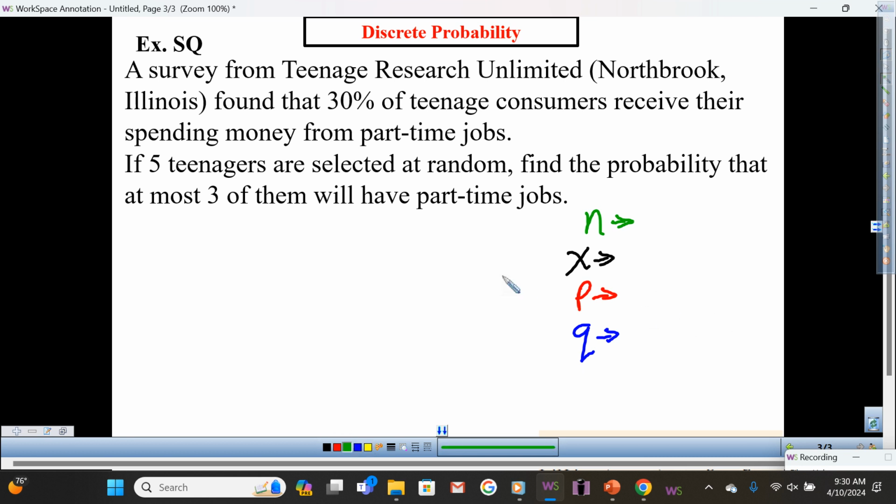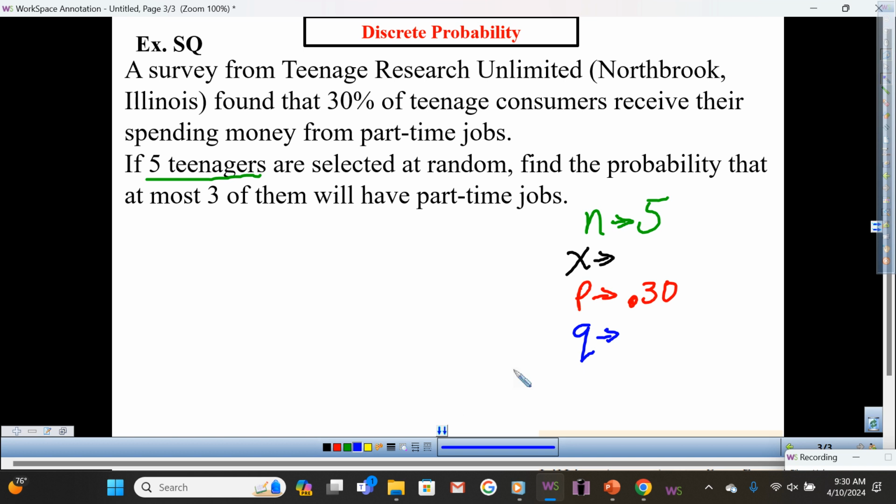All right, get us started. Peyton, N. 5, that is correct. Everybody got that? Yes? All right. What is P? 0.3 or 0.30.